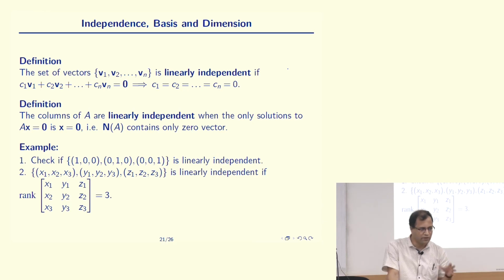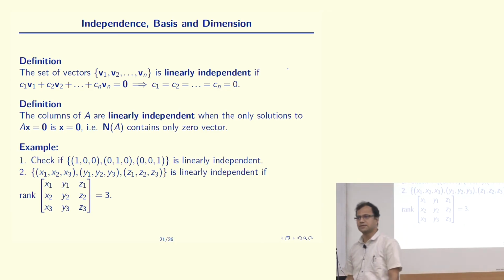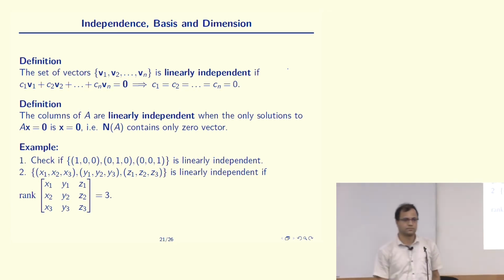We say that the set of vectors v1, v2, ..., vn is linearly independent if the only scalars which give you the zero vector, 0 into v1, 0 into v2, ..., 0 into vn, are the zeros.